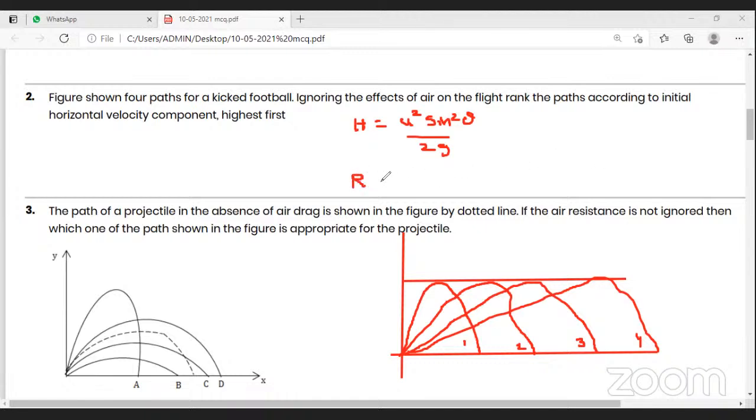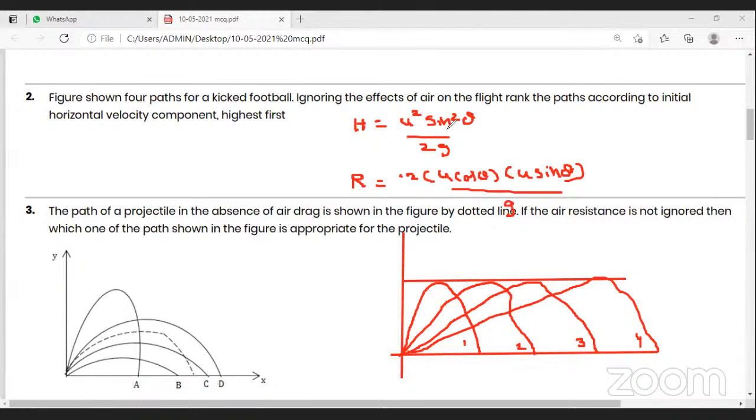Then what they are asking is the initial horizontal velocity. What is the formula for range? U square sin 2 theta by g. That means you can write it as 2 into u cos theta into u sin theta by g. We can write it for range.